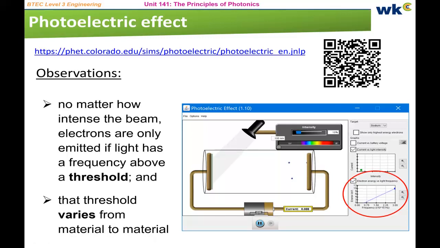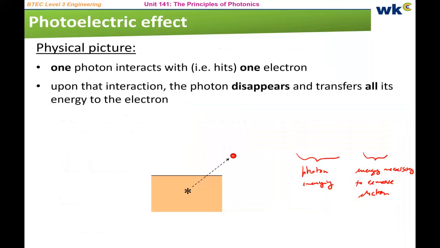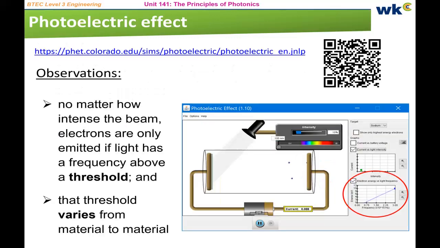So below that frequency, no matter how many photons you've got hitting the metal, there'll be no electrons coming out. So there's a threshold frequency, and that's easy to understand. It's just this condition that the energy of the photon has to match the work function at least. Otherwise, the electron, when it absorbs the energy from the photon, will simply not have enough energy to leave the metal.